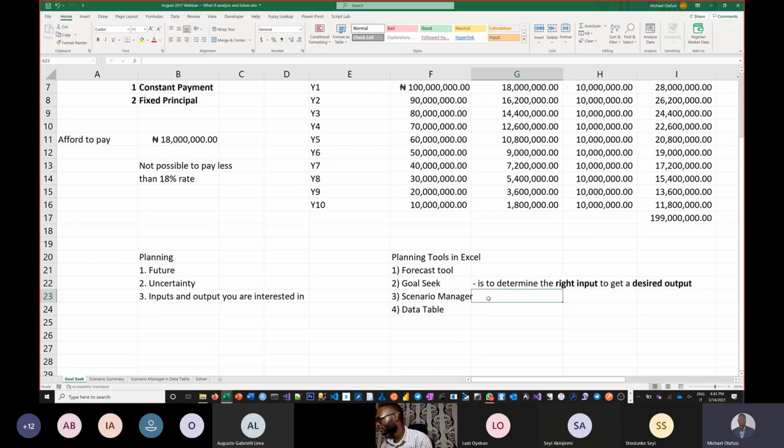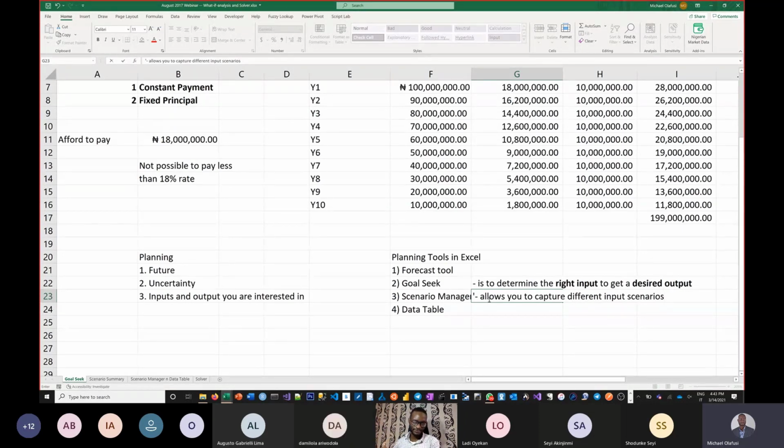Now let's move on to another one, which is scenario manager. What about scenario manager? Scenario manager allows you to capture different input scenarios. It is not a case of I know what the output should be. Scenario manager is not concerned about a predetermined output.